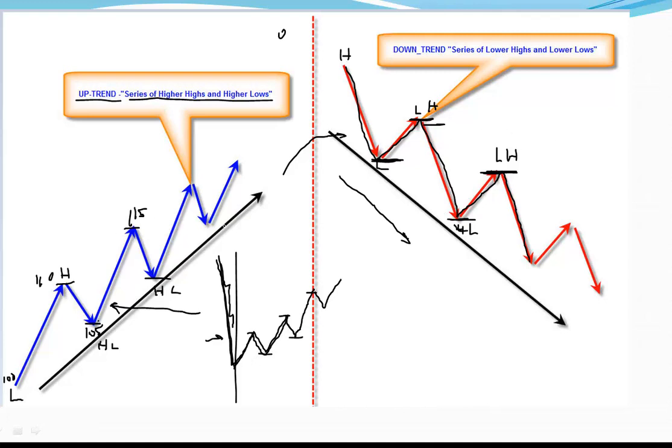So uptrend and downtrend. Now later on in other webinars, we'll discuss Elliott wave, we'll discuss the components of Elliott wave, and that is really one of the foundations. If we look back at the old technical analysis, it all started with the Dow theory, okay? Dow, and that's a D, not a P. Dow theory.